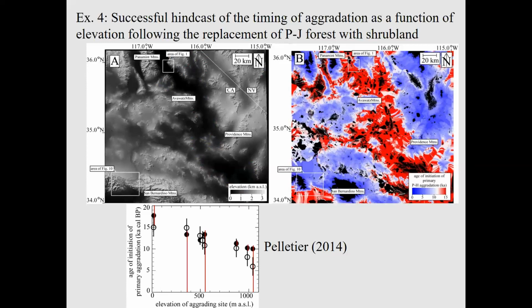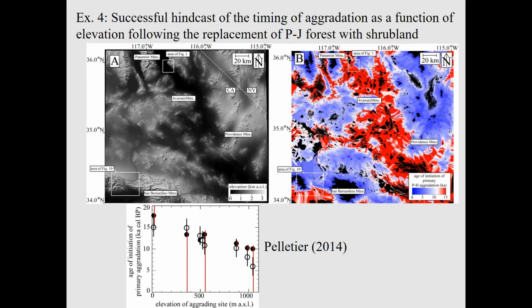In this particular model, I'm focusing on the response of the vegetation communities, and in particular, the transition from a pinyon juniper forest to a shrubland. This was a major transition in the hill slope vegetation cover, which post-dated the climate change. The climate change was over by about 12,000 years before present, but at fairly high elevations, the forests were still transitioning into shrublands as late as 6,000 years before present, so into the mid-Holocene.